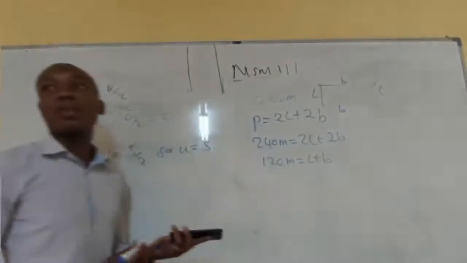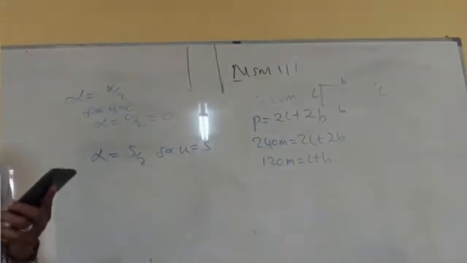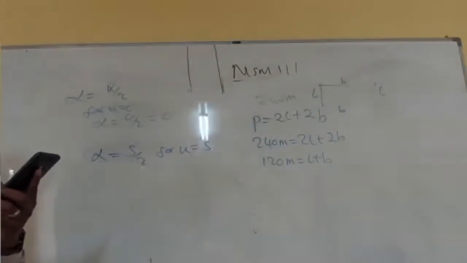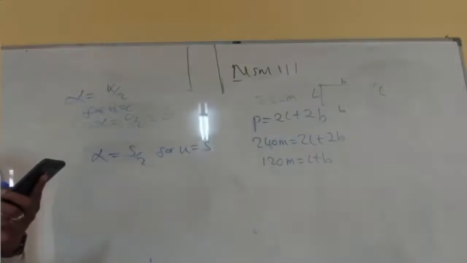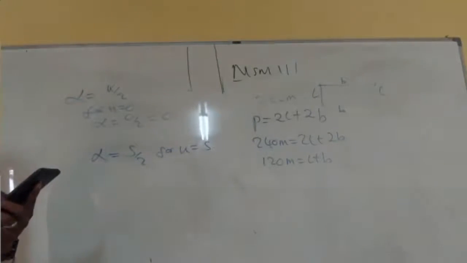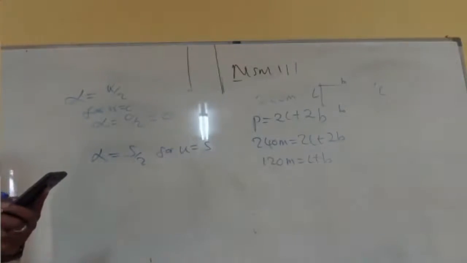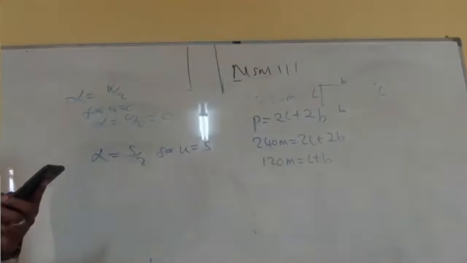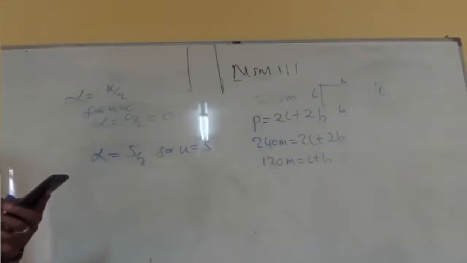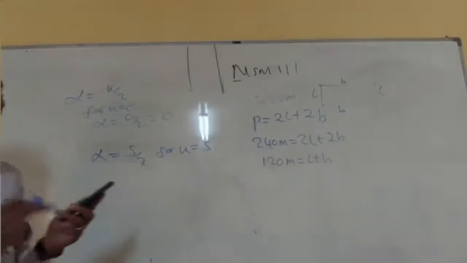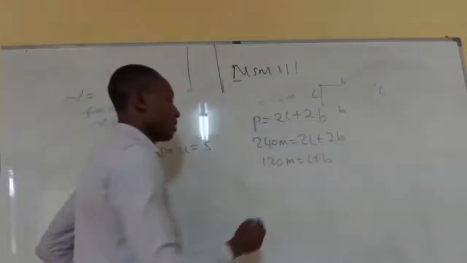All right. Then what is the area that is given? The question is saying, if the total enclosed area is 3600 square meters, what should be the dimensions of the playground to maximize the area?